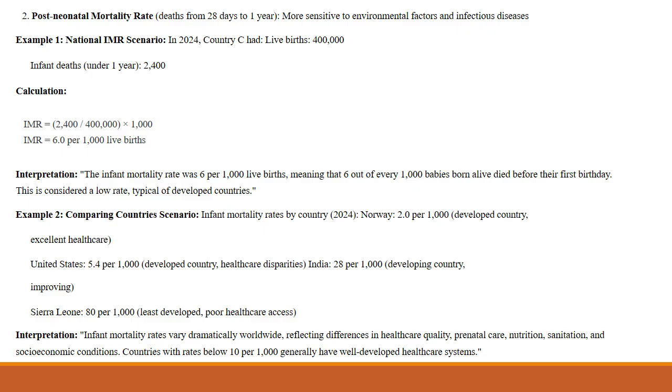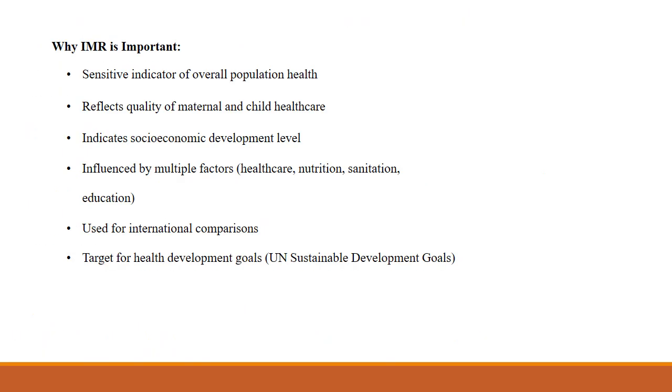India 28 per 1000, and Sierra Leone is 80 per thousand, least developed, with poor healthcare access. Interpretation: infant mortality rates vary dramatically worldwide, reflecting differences in healthcare quality, prenatal care, nutrition, sanitation, and socioeconomic conditions. Countries with rates below 10 per 1000 generally have well-developed healthcare systems.